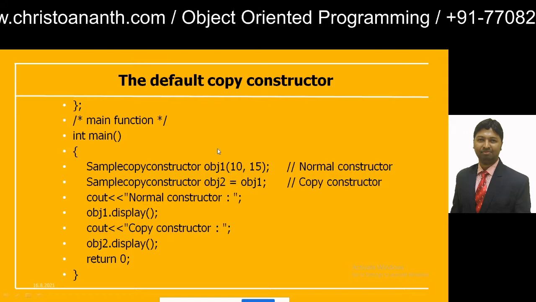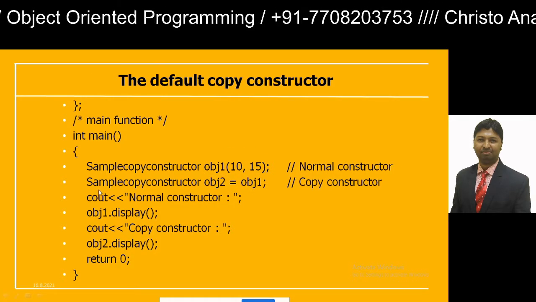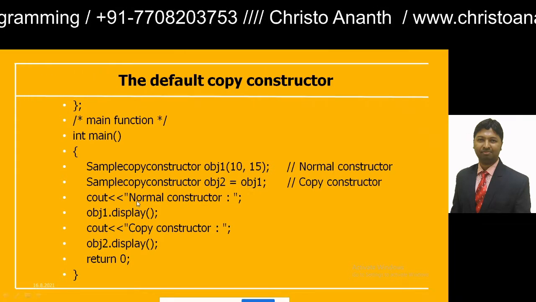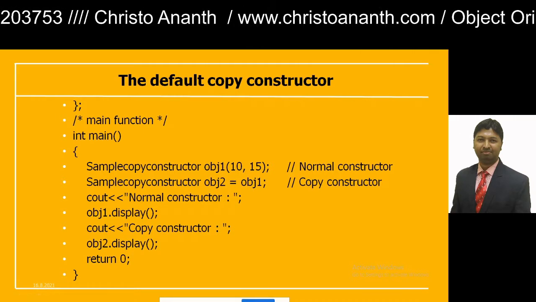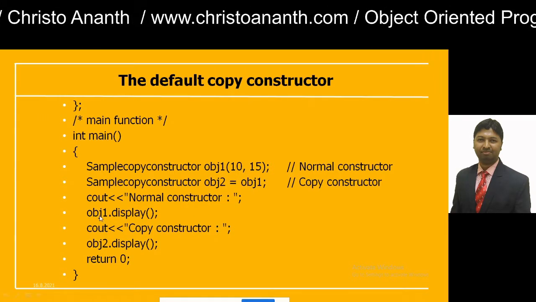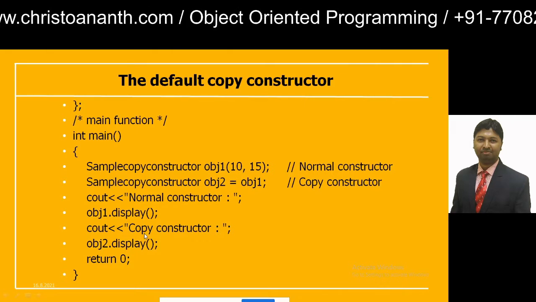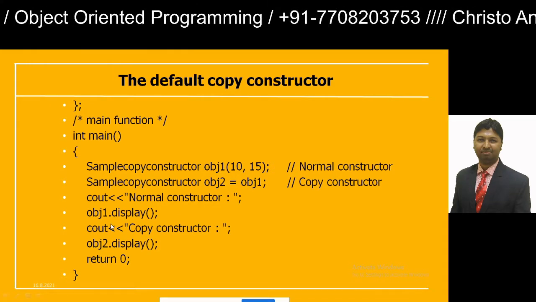So here you create a normal constructor, and then you create a copy constructor, object2 equal to object1. Now you print with cout: the normal constructor, then object1.display(), and cout copy constructor, then object2.display(), and finally return 0.